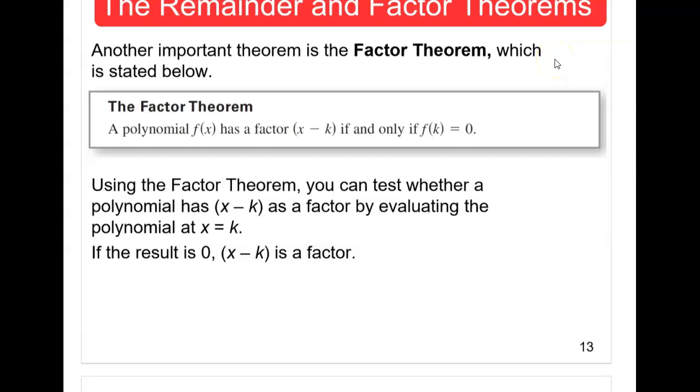We did a couple of examples where the remainder was equal to 0, and we looked at an example with long division. So if the remainder is equal to 0, that means the divisor happens to be a factor.